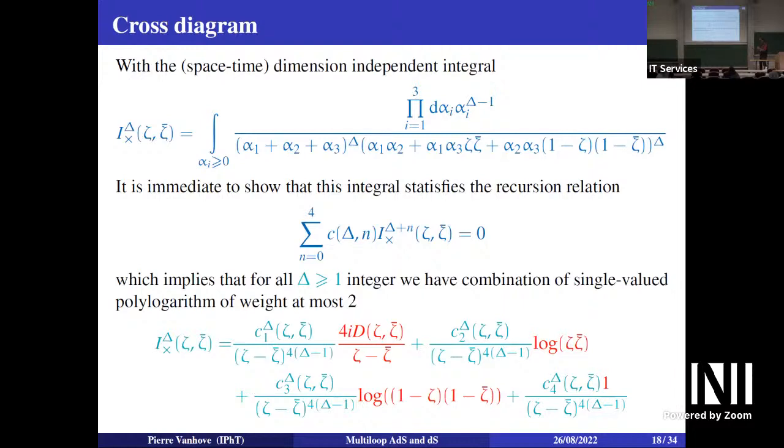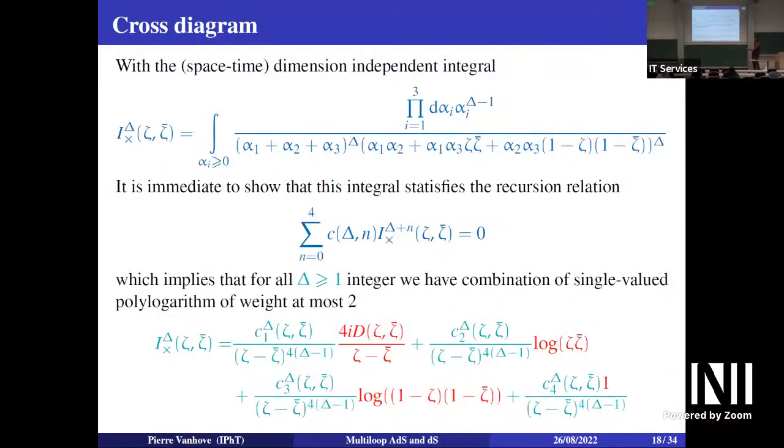It's just some game about the way you do partial integration and the action of the annihilator of the integrand, so in a sense it's an easy exercise. Then for any n, you just need to compute the initial conditions, for delta equal 1 up to delta equal 4. So solving that relation when delta is an integer immediately tells you the answer.